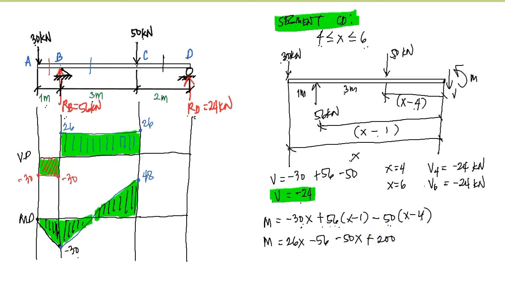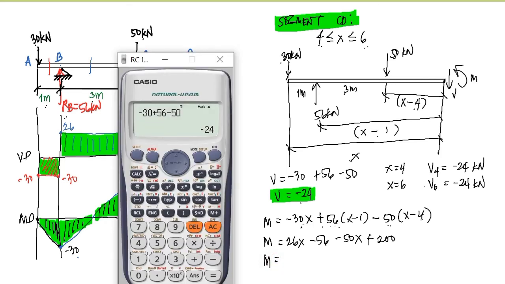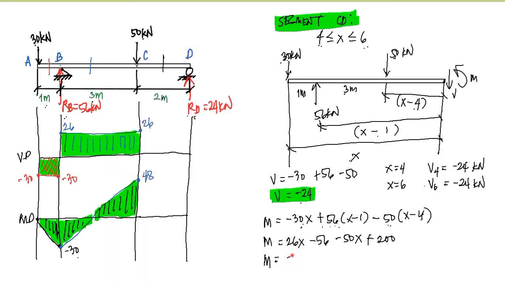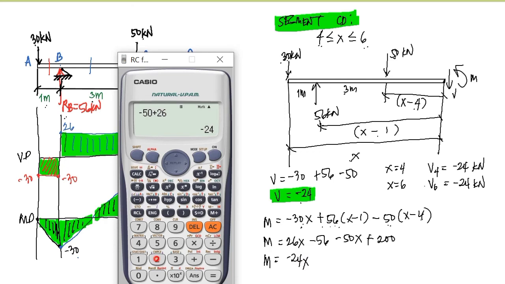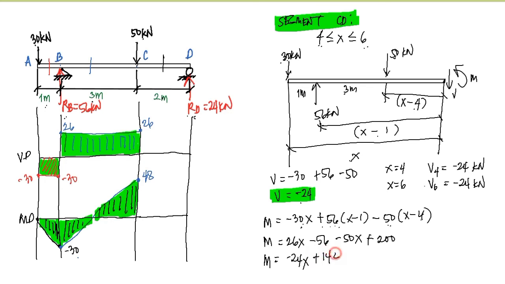So simplifying our equation here, we have the moment is equal to negative 50 plus 26 is equal to negative 24. So we have here negative 24x, and we have 200 minus 56, that is equal to 144, so plus 144. And this equation here is the equation of the moment for the segment CD.